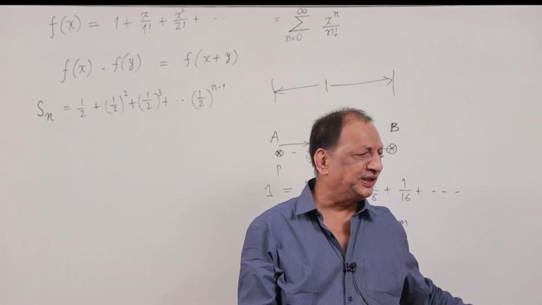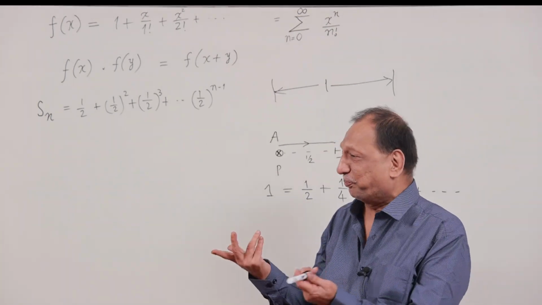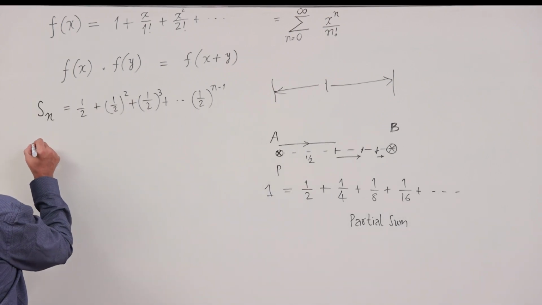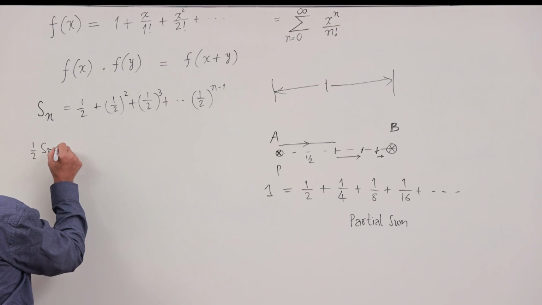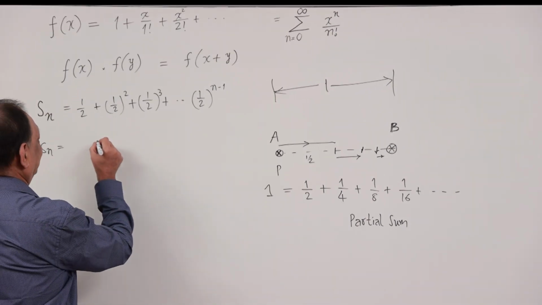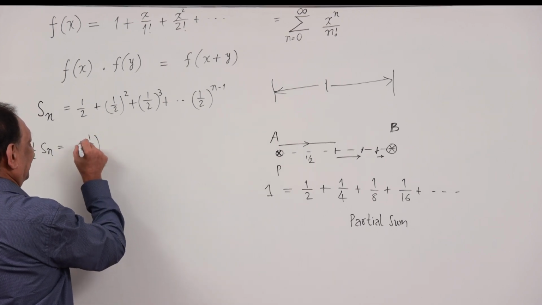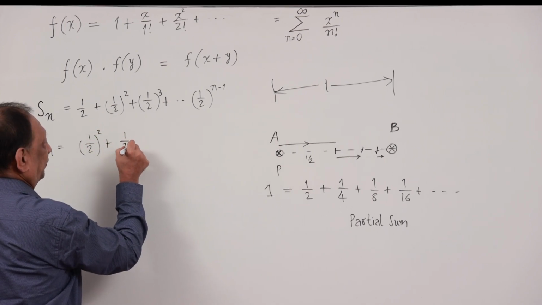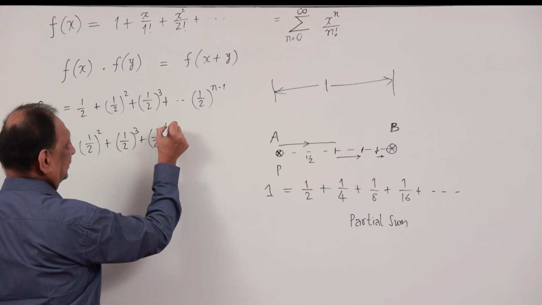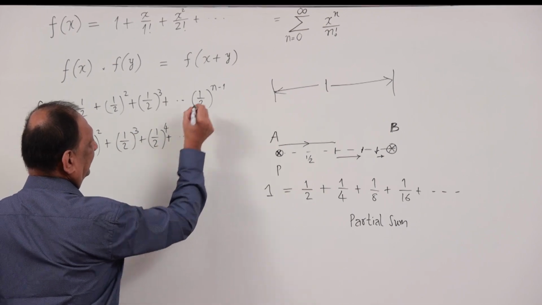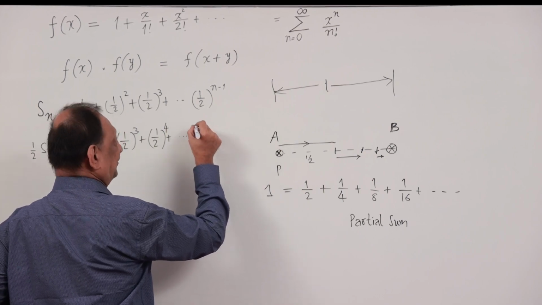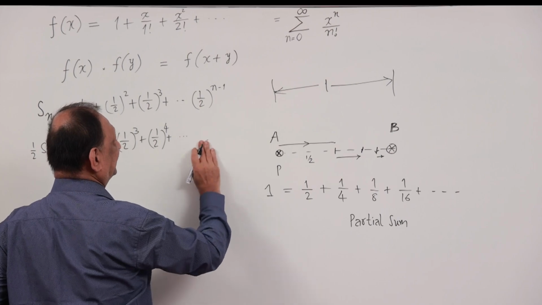Just like we did for decimal digits, the procedure is very simple. Multiply by half. So, what is half Sn? The half becomes half squared now because I have multiplied by half. Half squared becomes half cubed. Cube becomes to the power of 4, plus etc. Half to the power of n minus 1 becomes half to the power of n.